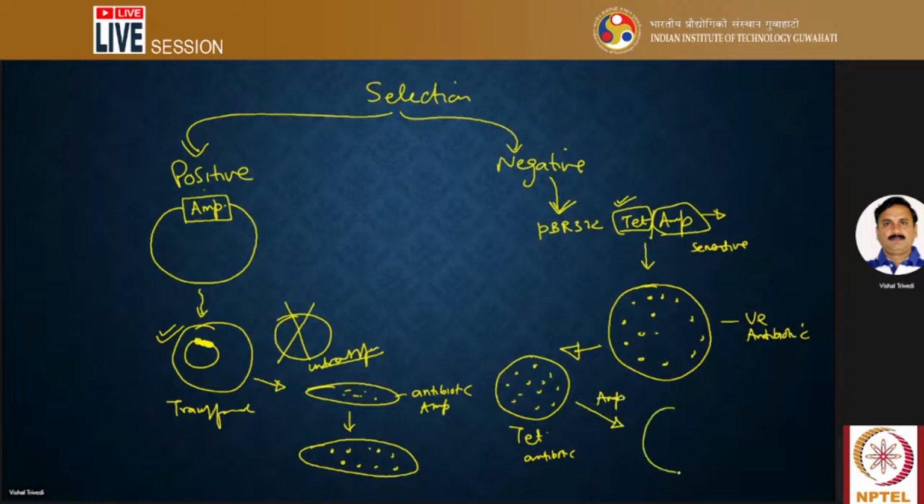In that case, some of the cells are going to be absent, because those cells do not have the ampicillin resistance. So you can say that these cells are ampicillin sensitive but tetracycline resistant. When you put it onto the ampicillin, some of the colonies are going to be removed.